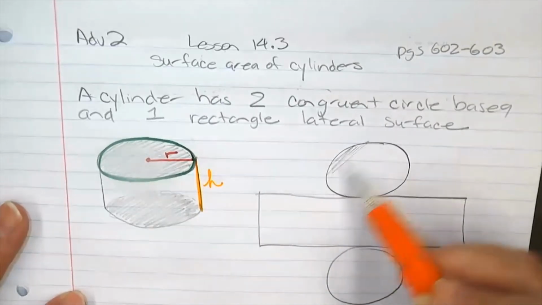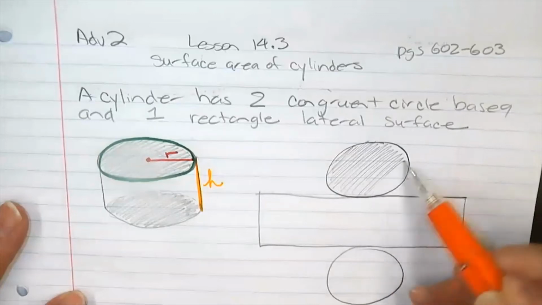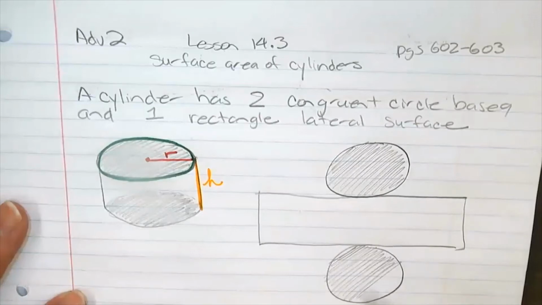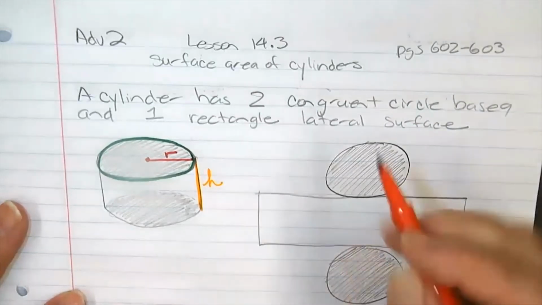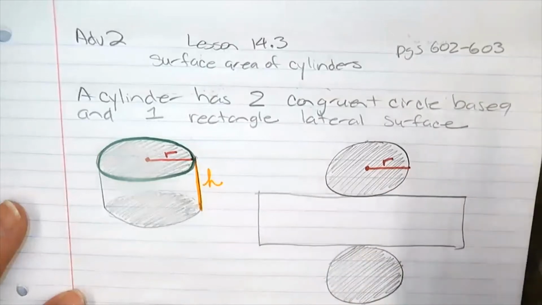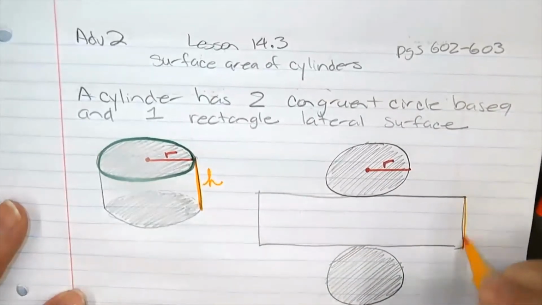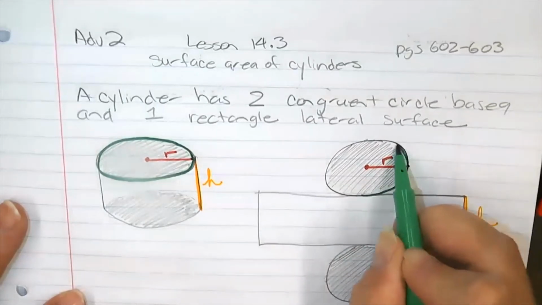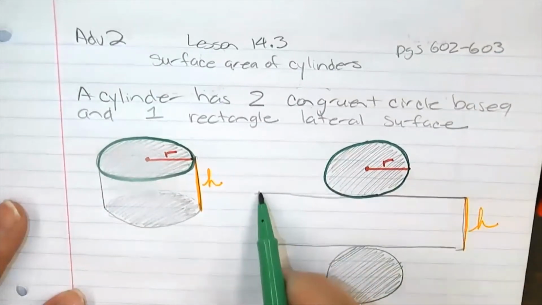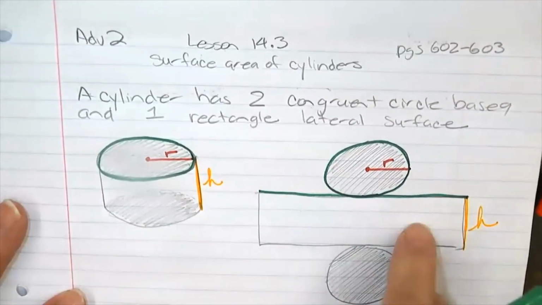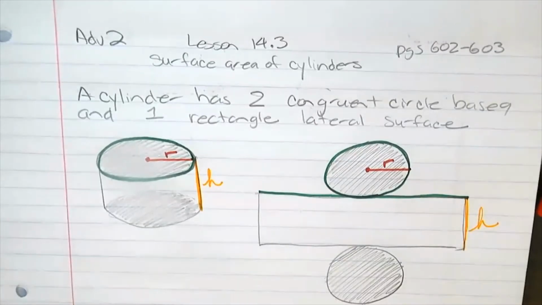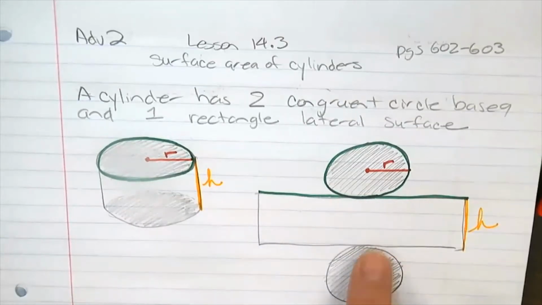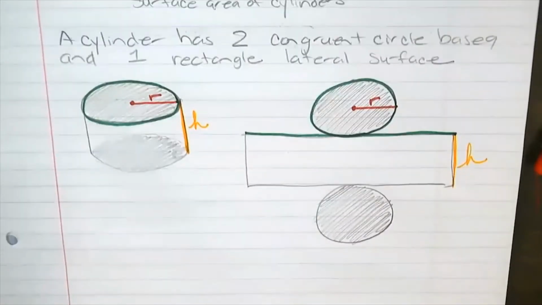So here's one circle base. This is the top circle base. And this down here is the bottom circle base. Here's the radius. This is our height. And the circumference of the circle becomes the length of this rectangle. Okay, so this is a cylinder 3D. This is the cylinder unfolded. These are the shapes that we get when we're unfolded.